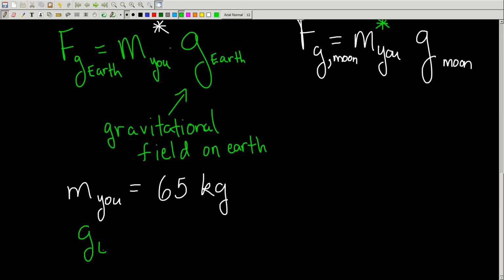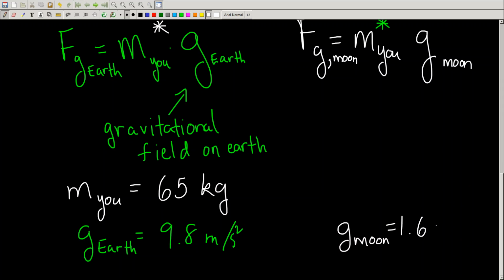On the Earth, and you can look this up, gravitational field strength is around 9.8 meters per second squared. Now on the Moon, the gravitational field strength is 1.6 meters per second squared.